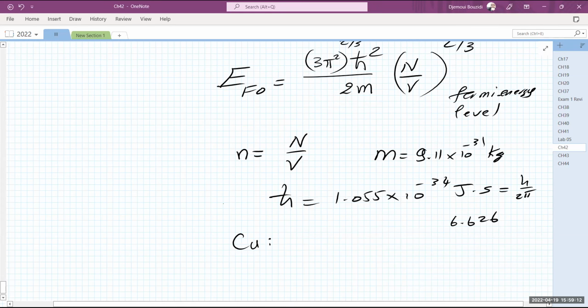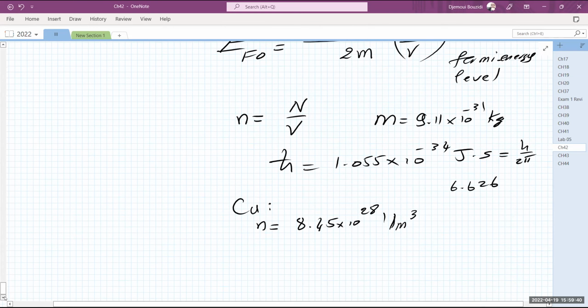For copper, we have n equal to 8.45 times 10 to the power 28 per cubic meter. So we can find what this energy is. The number should be anywhere between 1.5 and about 16 or 17 electron volts for conductors.